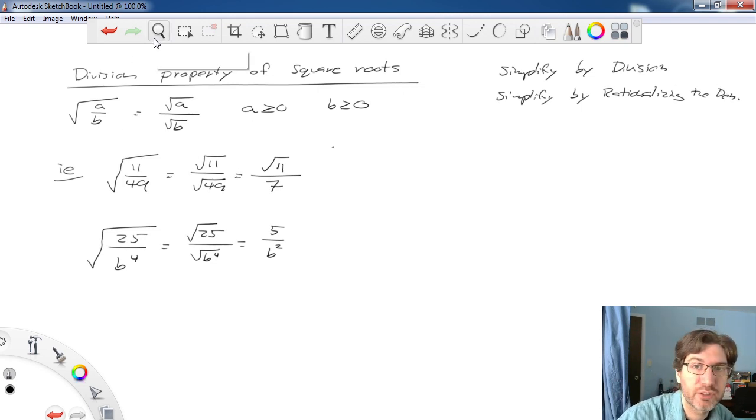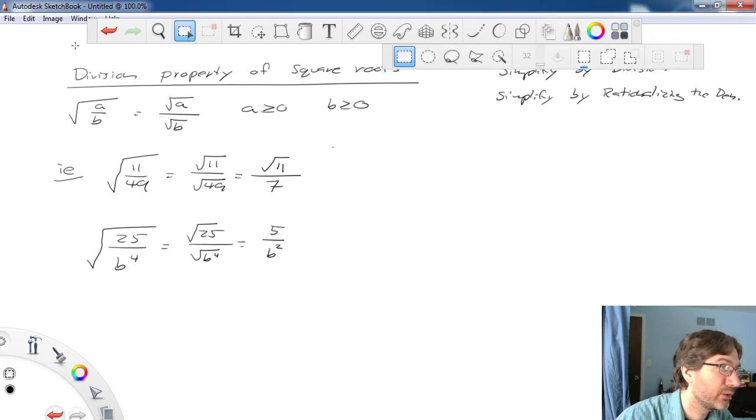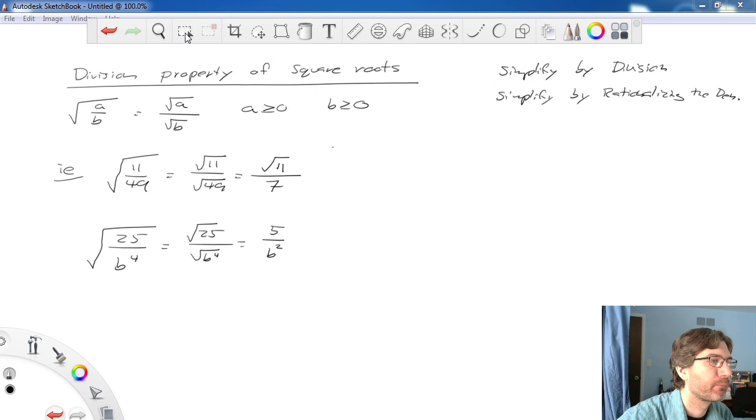It's just kind of a strange thing that we ask you to do, and it's like one step further. It makes things look nicer, but a lot of times it's not necessarily necessary for whatever you're trying to solve. So let's look at simplifying things by division.